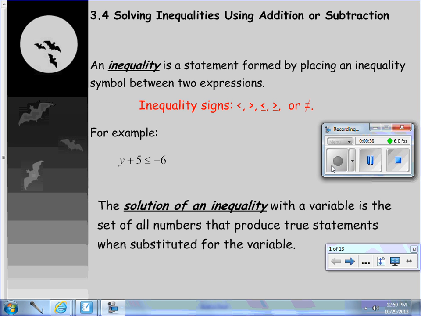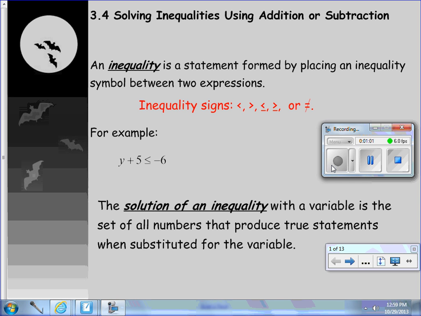Now, the solution of an inequality with a variable is the set of all numbers that produce true statements when substituted for the variable. So, for example, I have y plus 5 is less than or equal to negative 6. You have been accustomed to solving equations.